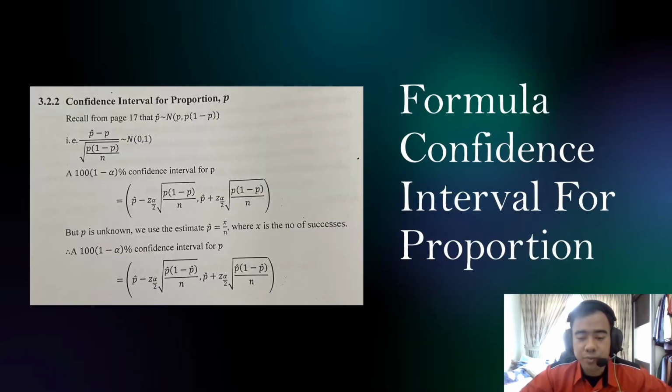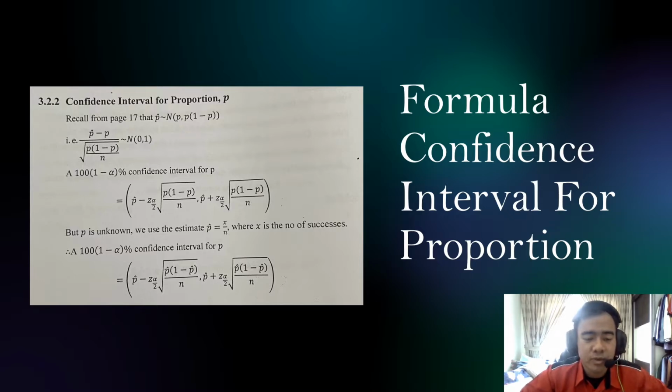This is the formula of confidence interval for proportion. The 100(1 minus alpha) percent confidence interval for p, where p stands for proportion. However, when p is unknown, we use the estimate p hat, which denotes the sample proportion, equal to x divided by n, where x is the number of successes.